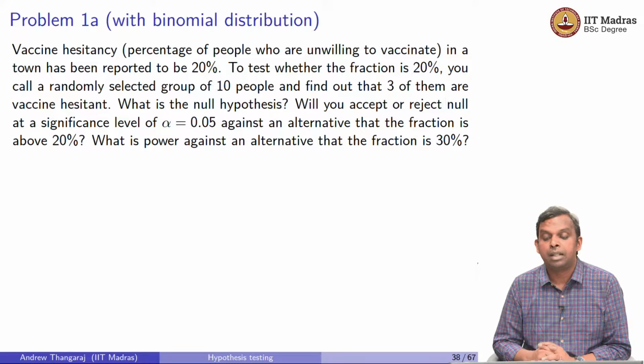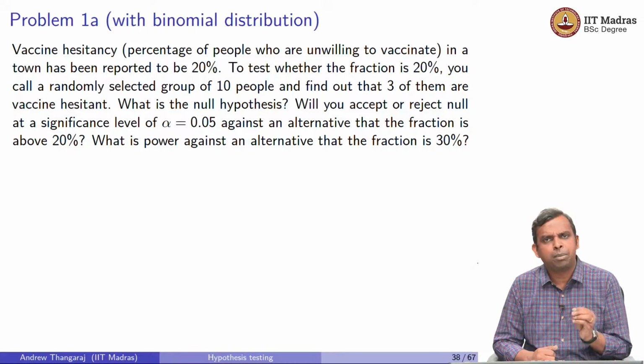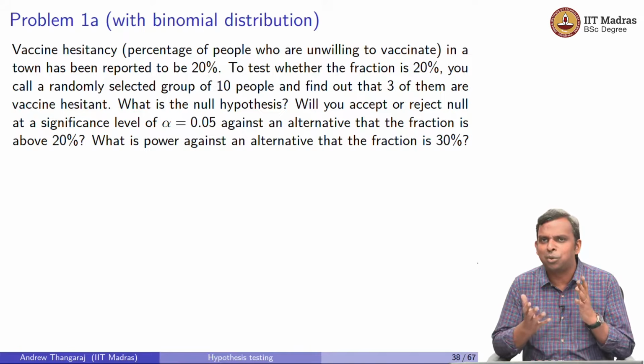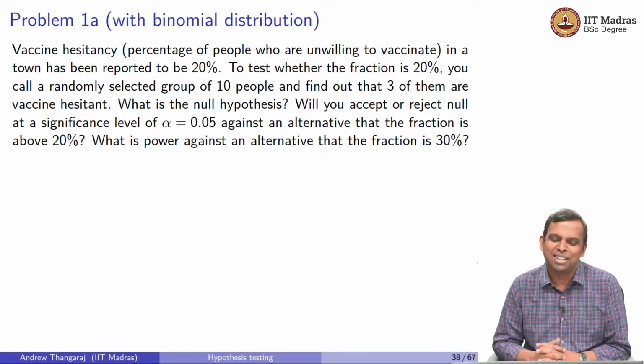You call 10 people, and out of that, 3 of them say that they are vaccine hesitant. They don't want to take a vaccine, or at least they're thinking about it. So that's the data you have. Only 10 people you've called. It's actually small. If you start doing these calculations, you'll get some bizarre answers, or at least you'll be uncomfortable in some of the calculations.